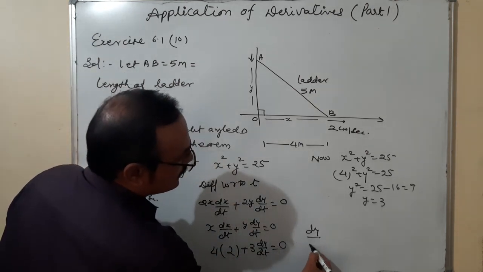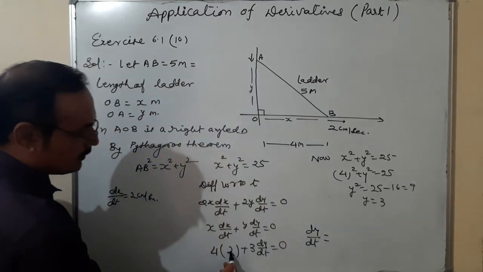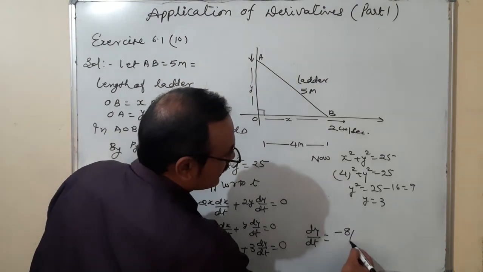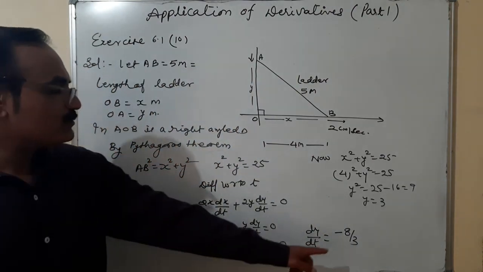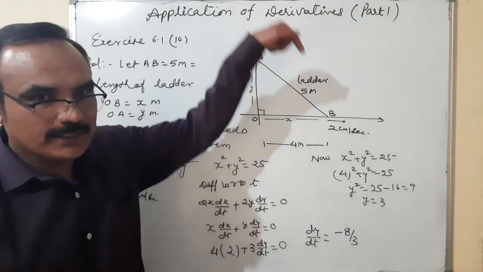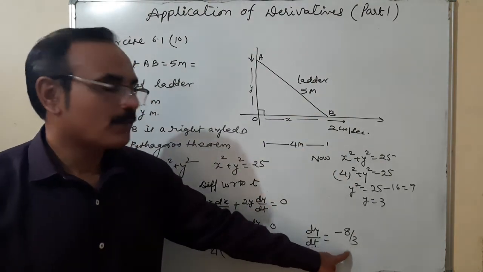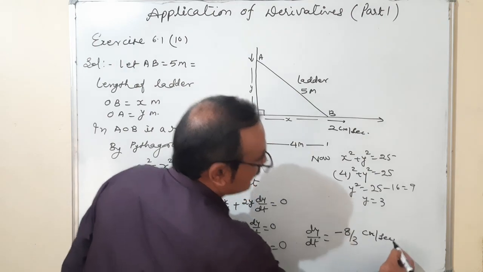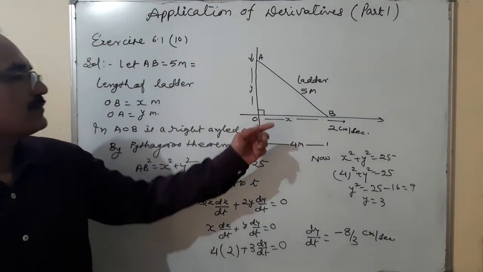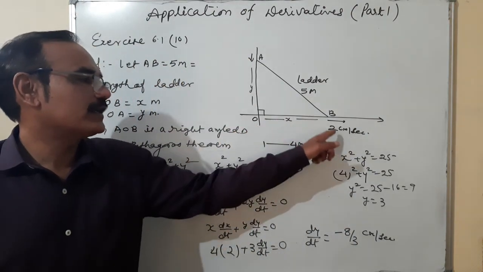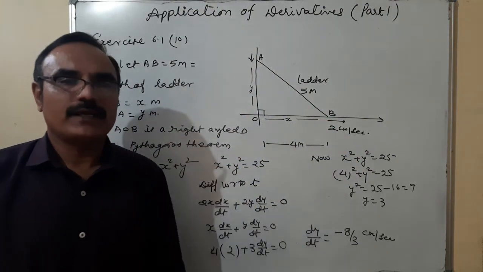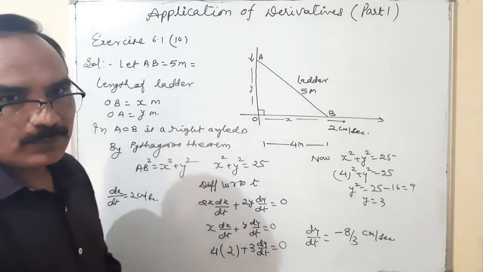So dy by dt is equal to minus 8 upon 3. This minus sign indicates that it is descending at the rate of 8 upon 3 centimeter per second. So when the foot is shifting at 2 centimeter per second, the top is descending at 8 upon 3 centimeter per second.